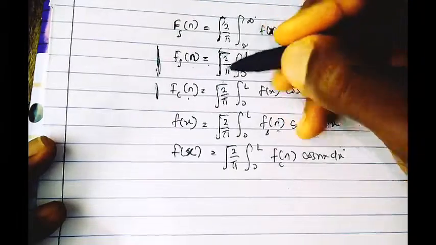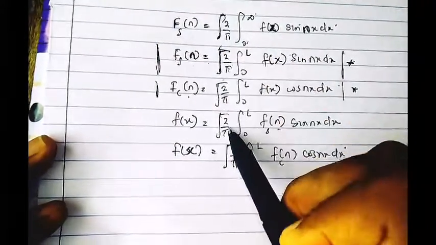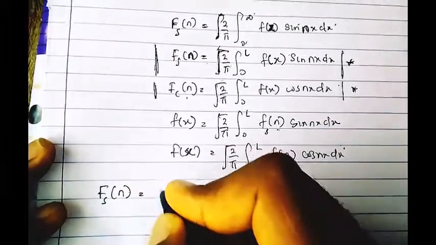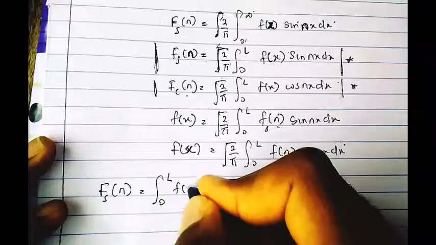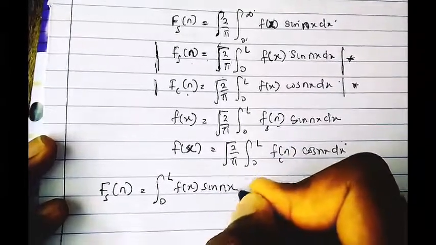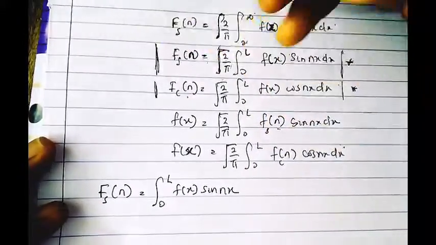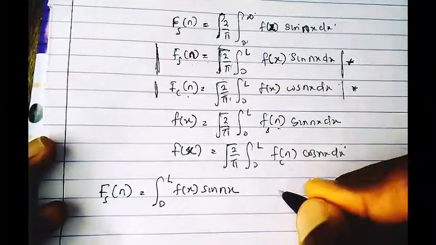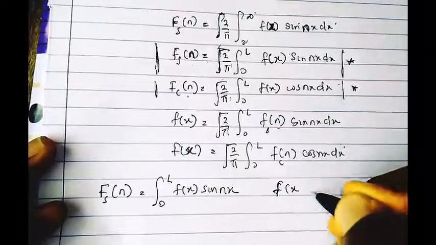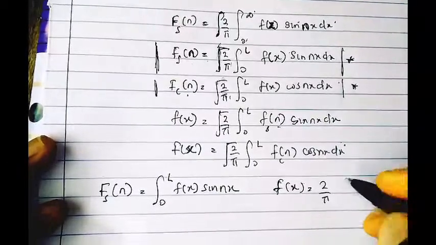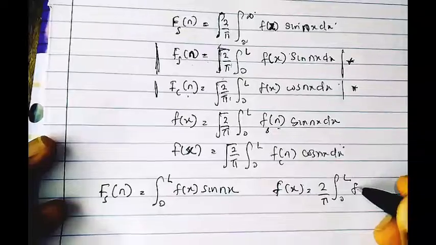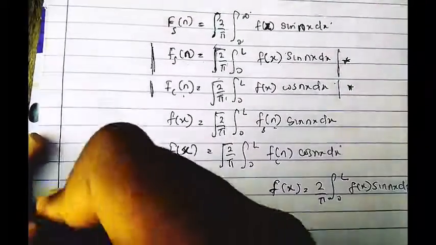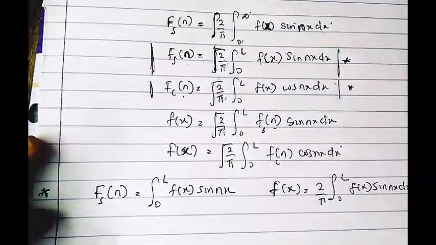When I substitute this into this, I can write the Fourier sine transform of n to be the integral from 0 to L of f of x sine nx. So my new transform will be equal to 2 over pi, integral from 0 to L of function of x sine nx dx. This is the formula we're making use of while solving PDEs.